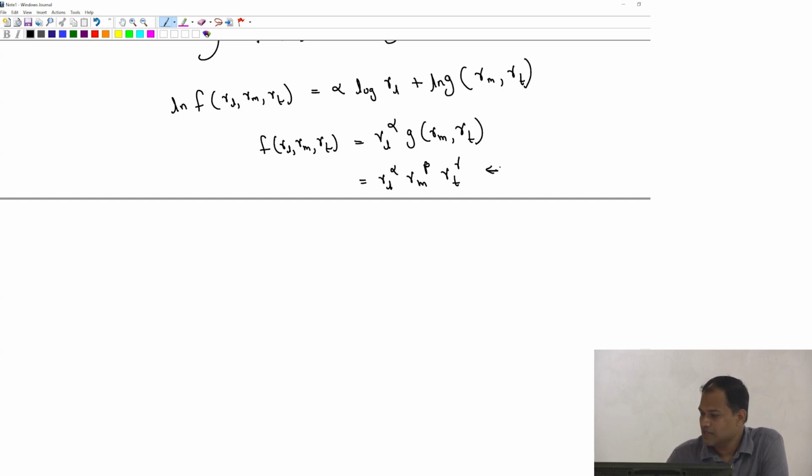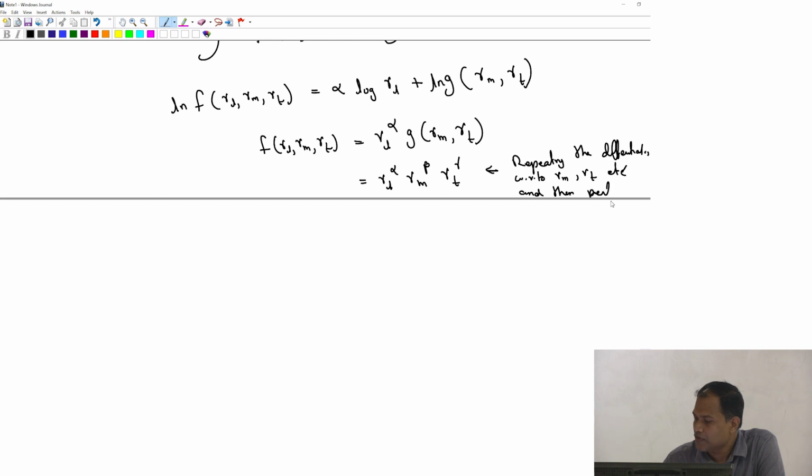Just repeating the differentiation with respect to Rm, Rt, etc., and then performing the integration. You can do it and you will find that there is nothing that's going to change. L was just an arbitrary choice.